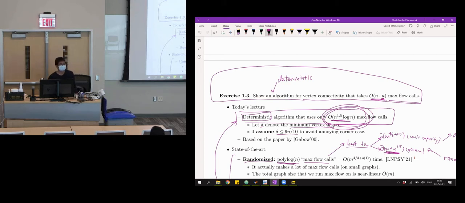So we can find whether a vertex belongs to the separator or not using max flow, finding kappa of x, right? So we will find kappa of x.